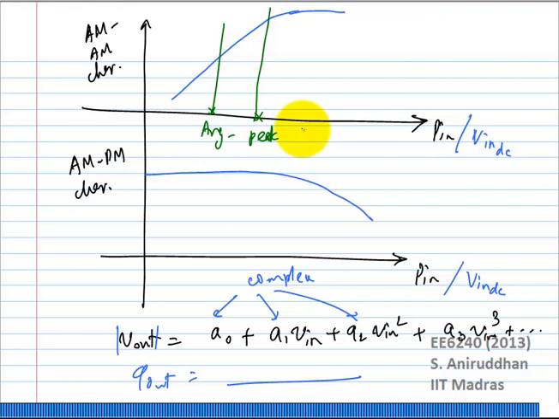Well, it depends on what you are characterizing. If you are drawing the AM PM curve, you are going to be sweeping the input DC. It's not held at a particular quantity. You are sweeping it and you have to sweep it at least till the peak value, if not more. You have to sweep it at least till there to get an understanding of how the system behaves. Is that clear?